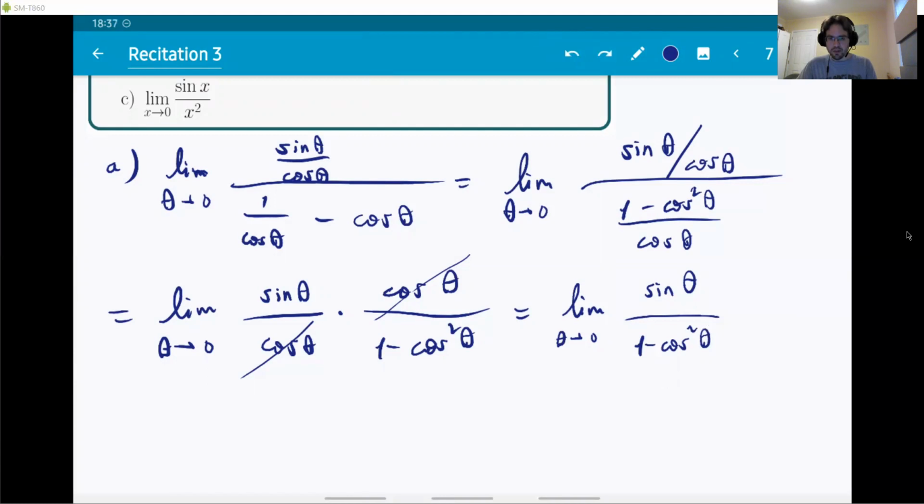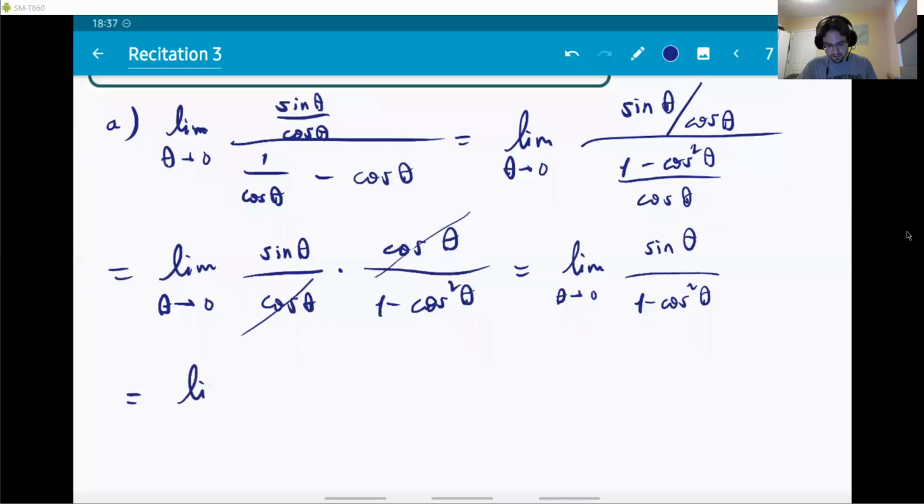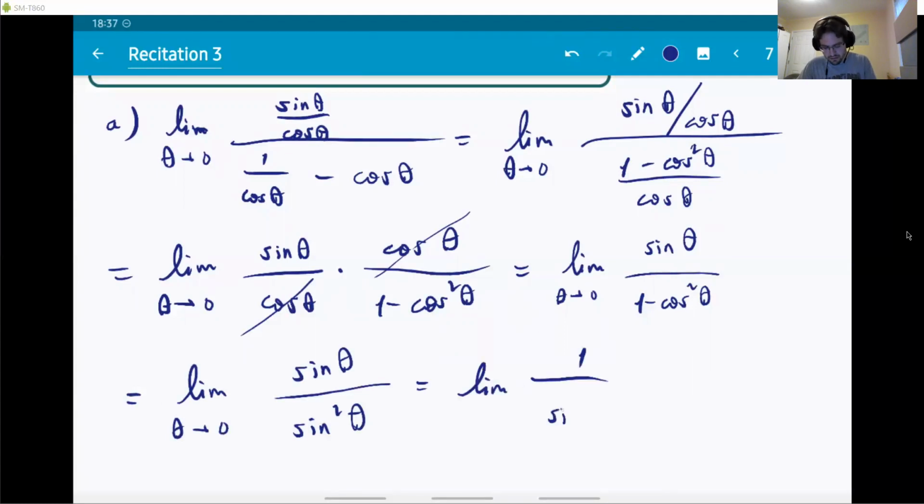And you probably already realize 1 minus cosine square is the same thing as sine square, because of the fundamental Pythagorean identity: sine square plus cosine square equals 1. And here you can cancel one factor of sine. So now you're in good shape.